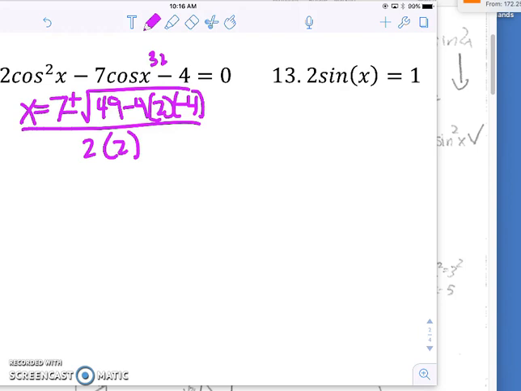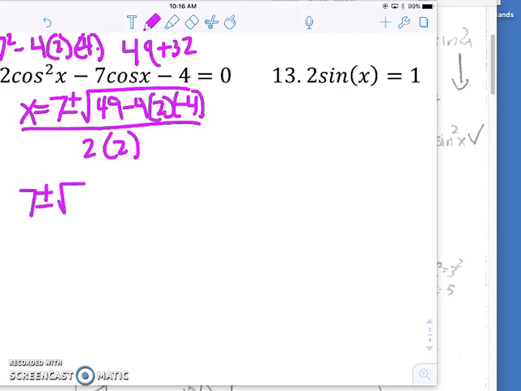Something doesn't seem right. B squared minus 4ac, so 7 squared minus 4 times 2 times 4. So 49, well, that's a minus, so plus, that's what it is. 16 times 2 is 32, so we have 81.